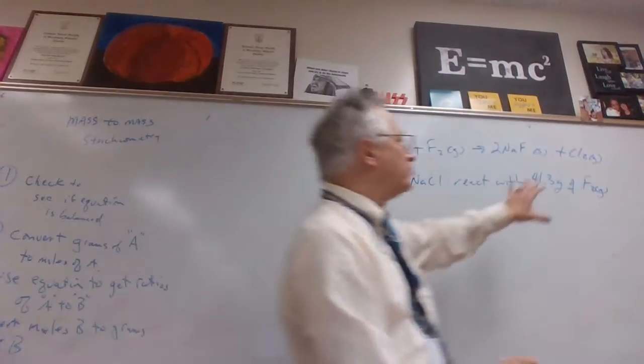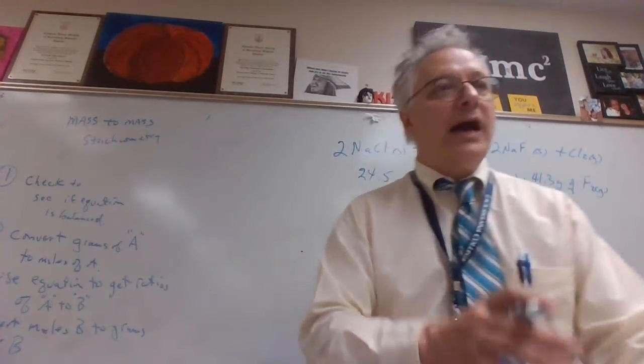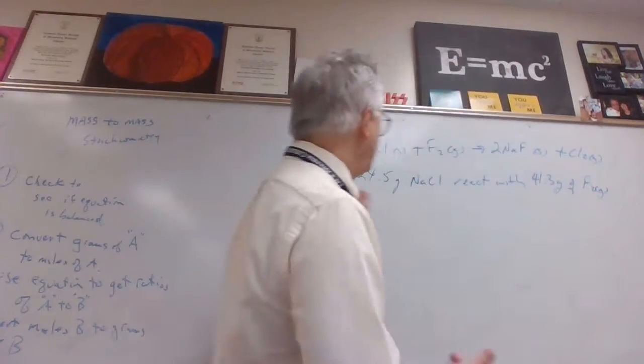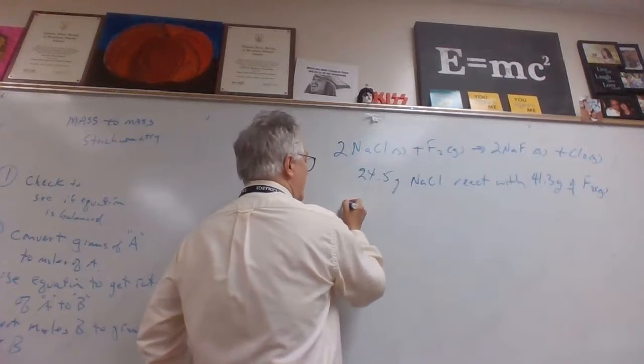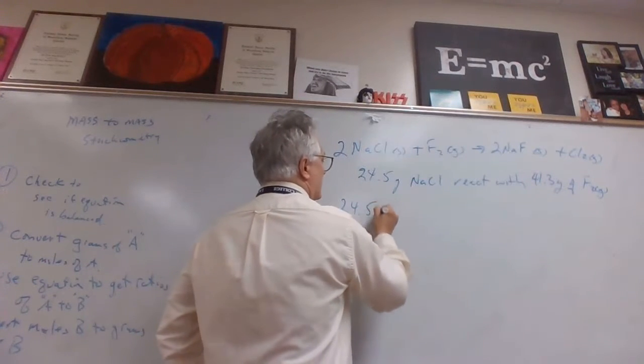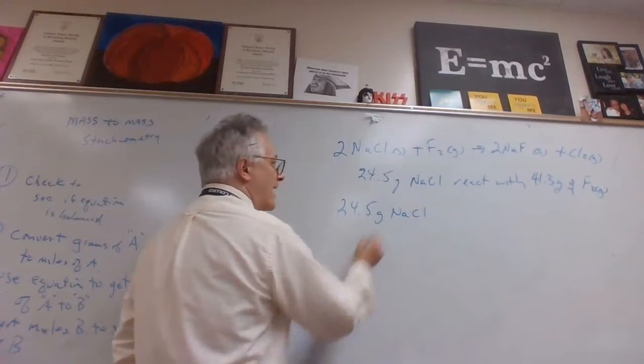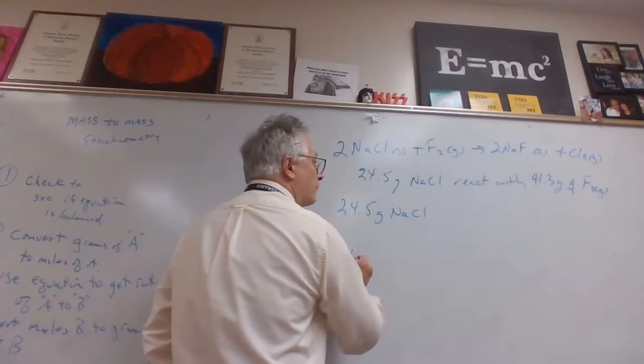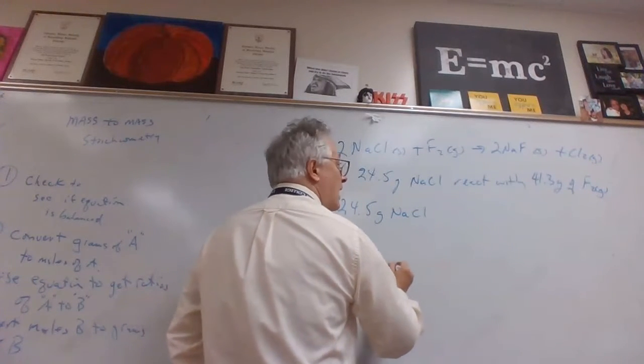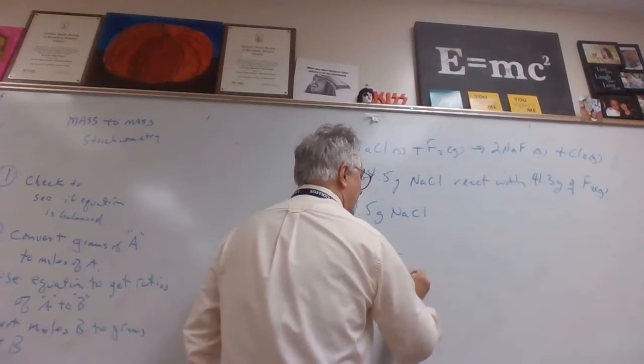In this case, I want to concentrate on chlorine. So I set up the problem twice. Once based upon 24.5 grams of sodium chloride, and then based upon 41.3 grams of fluorine.